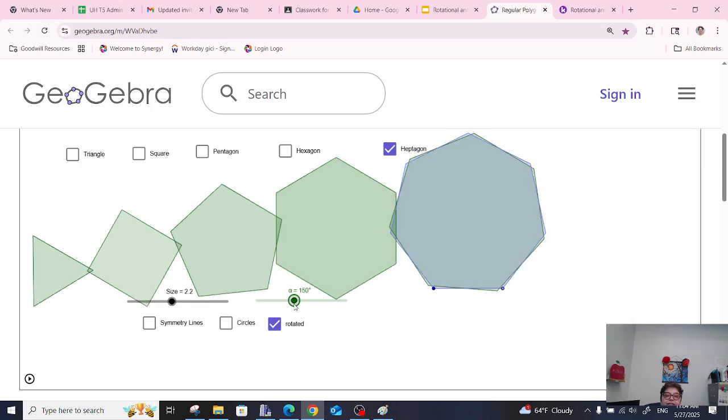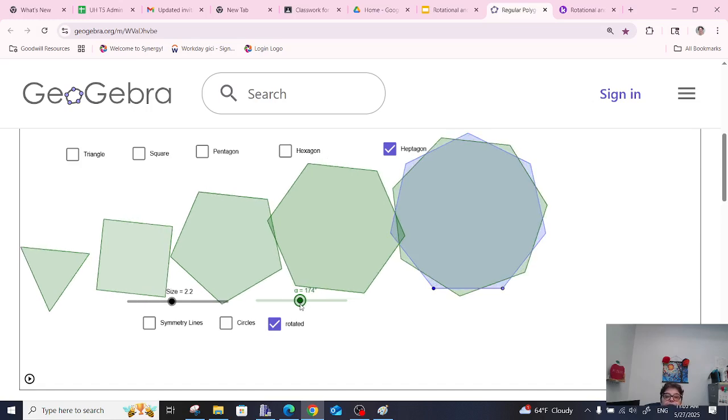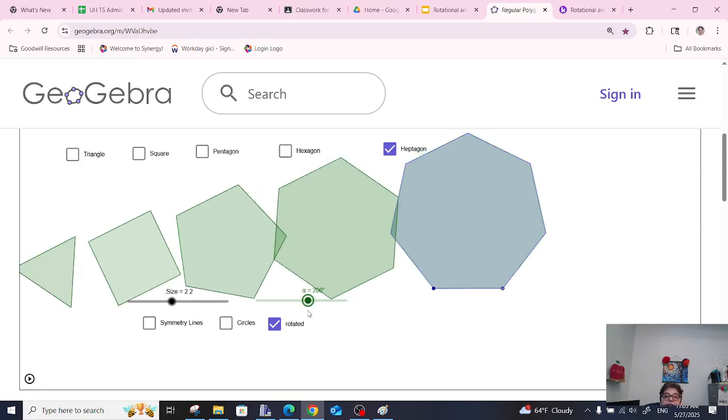This is the heptagon. 156 plus 52 is 208. And because of rounding, I'm getting off a little bit, so it's more like 206 because of rounding.